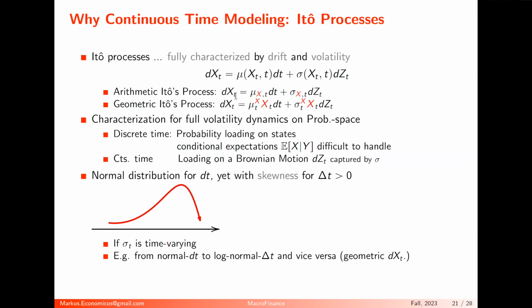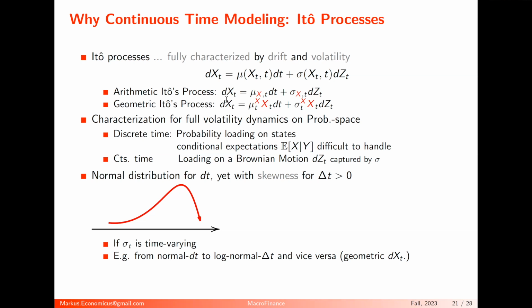What's the difference between an arithmetic Itô process and a geometric Itô process? So essentially, geometric is like percentage growth, multiplied, so you have this x here still floating around. Or divide, if I divide through the x, that's a percentage change, dx over x. And this is an arithmetic change. Arithmetic is like plus minus a certain increment. The other one plus minus a percentage increase.